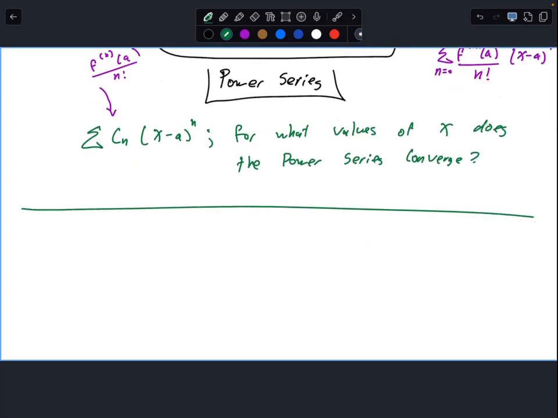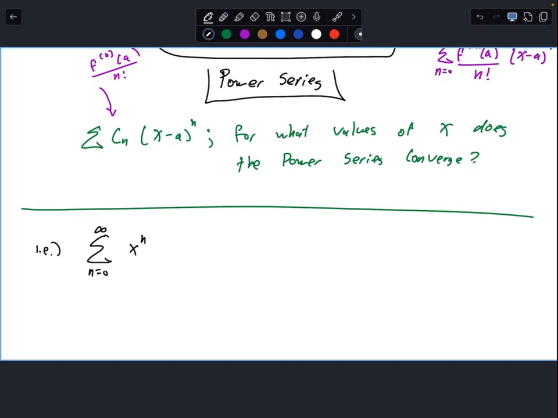Now, the most common power series is something that is geometric. This is what we saw in regards to the ratio test. We have that series, from n equals 0 to infinity of just x to the n. A nice plain power series. This is a power series where c sub n is just 1, a constant, all right? And we're centering this at x equals 0.